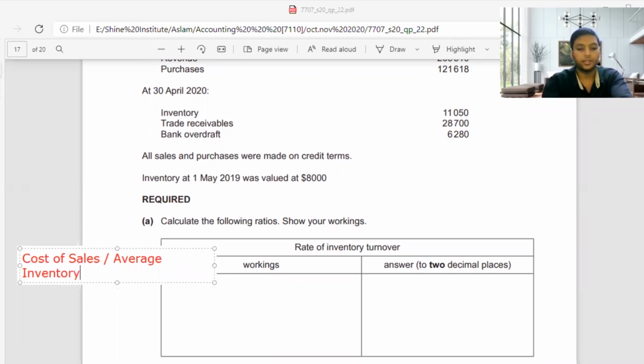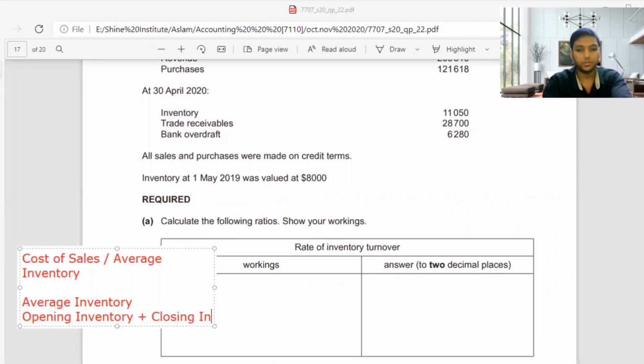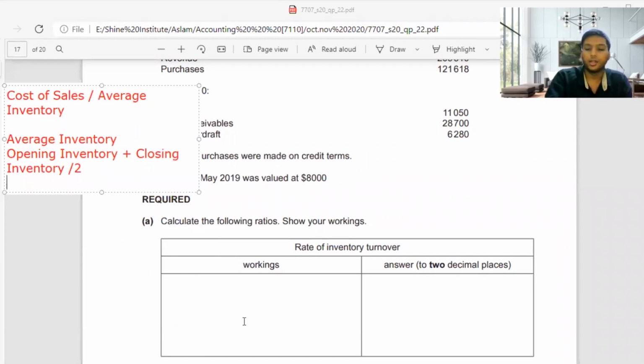To calculate average inventory, you take the opening inventory plus closing inventory divided by 2. So this is how you find your average inventory. Now this is the formula which I have given for you to work on. Let's move on to the workings.